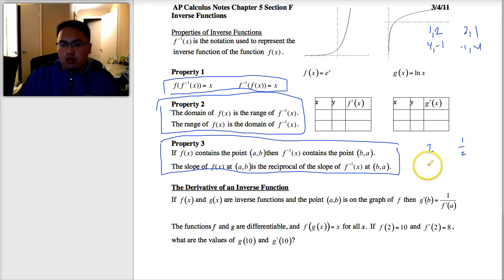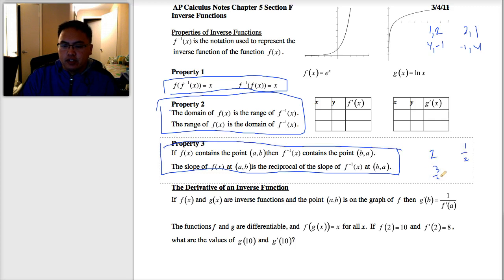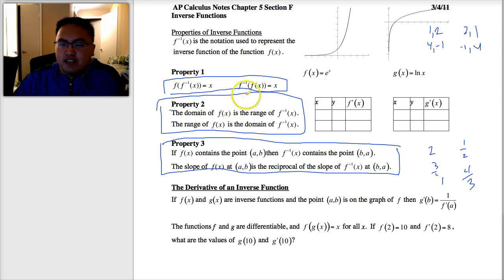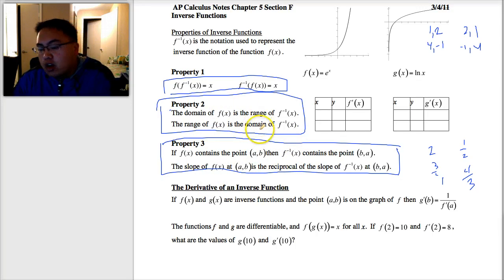Or if the slope was 3/4, its inverse would have a slope of 4/3. So, three ways to define the inverse: plugging them into each other gives you x, x and y are flipped, or the slopes are reciprocals. I think you guys are bright enough to understand that these are all just three ways to define what exactly an inverse is.